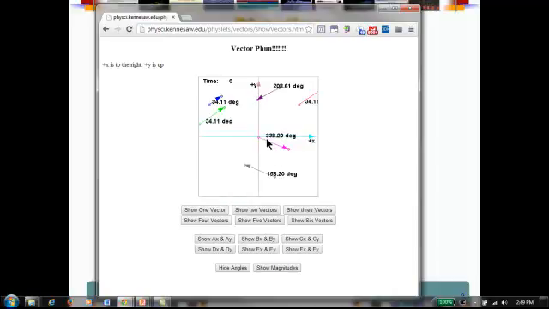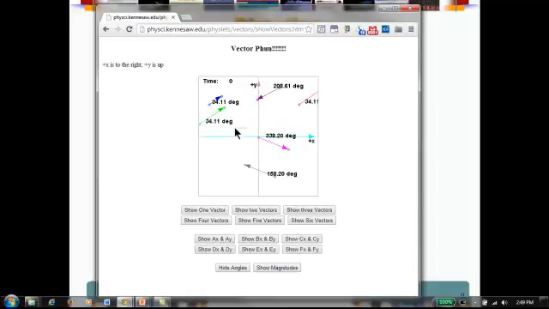Look at the angle it gives us, 338.20. The angle is measured relative to the positive x direction. Here is the positive x direction, the way that bluish arrow is pointing. You have plus x here. So we go counterclockwise till we get to our vector. Counterclockwise is just like this.